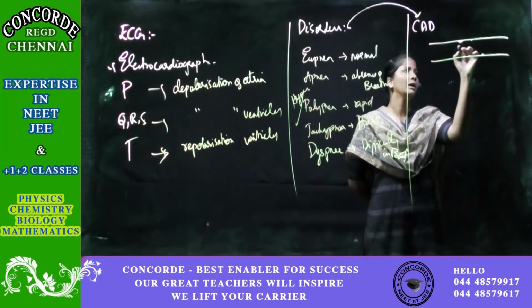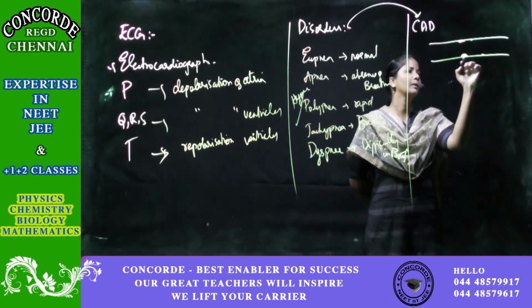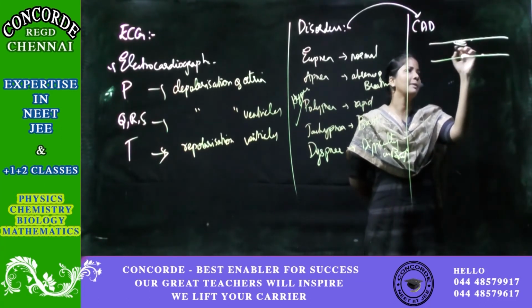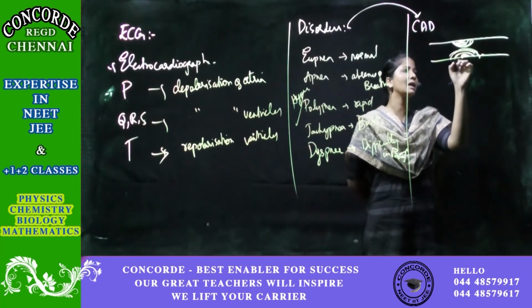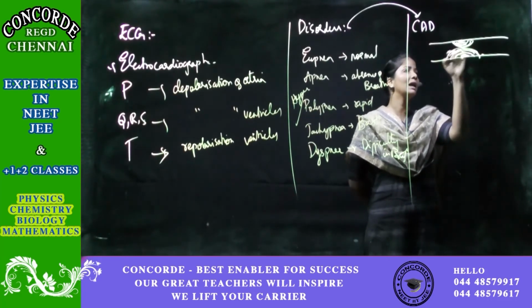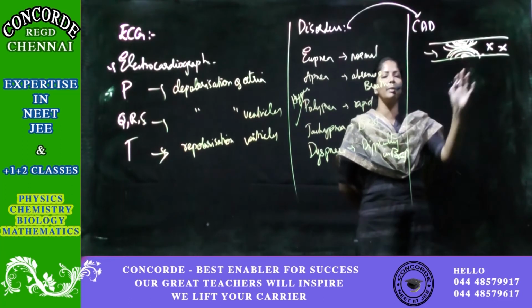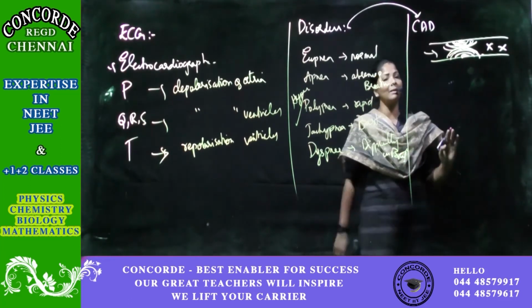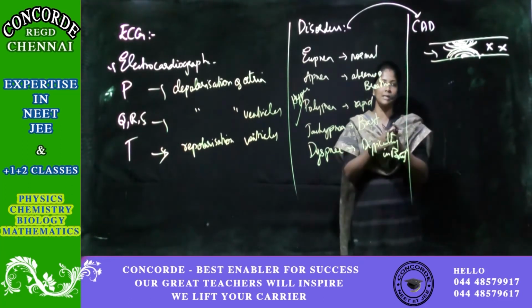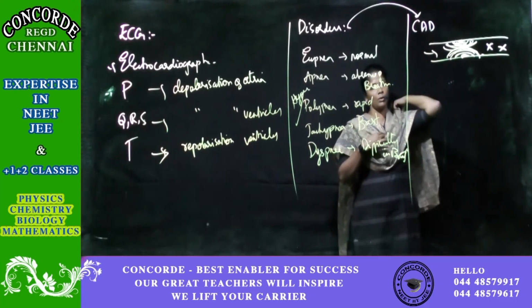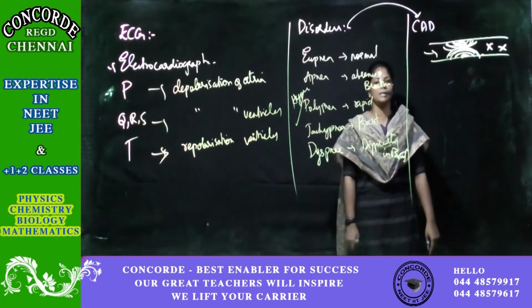Then slowly the deposition will start. This is called plaque. It will start depositing and ultimately end up blocking the vessel, so blood flow is hindered. The lumen of the vessel is narrowed or completely blocked, and that will end up in coronary artery disease.